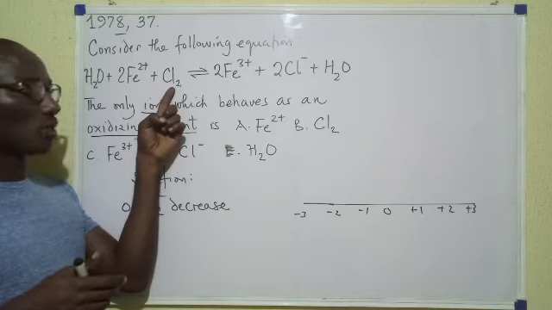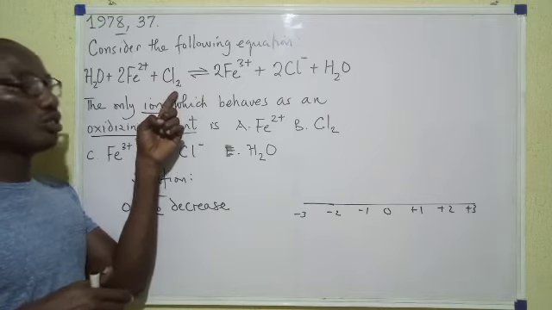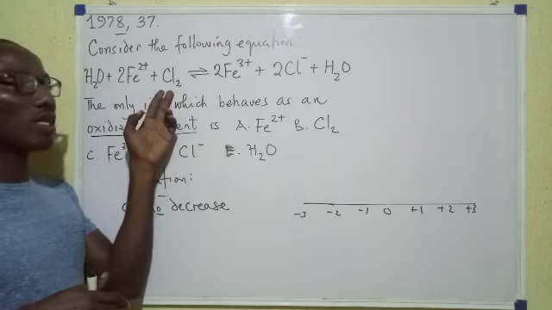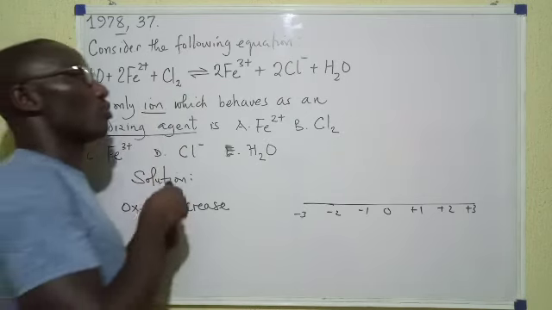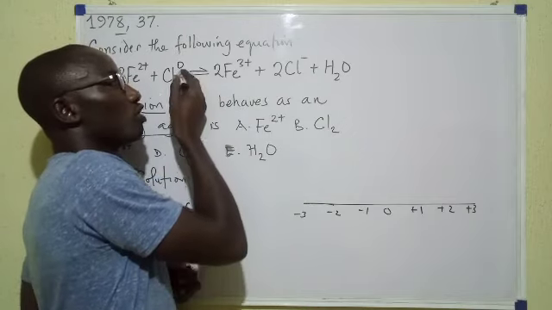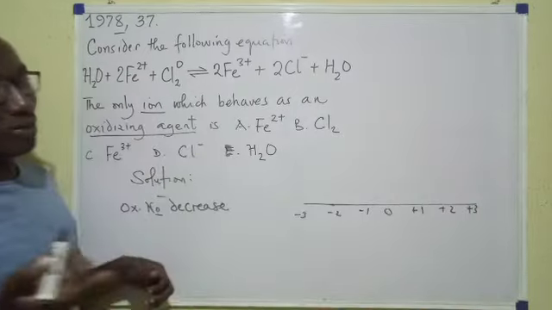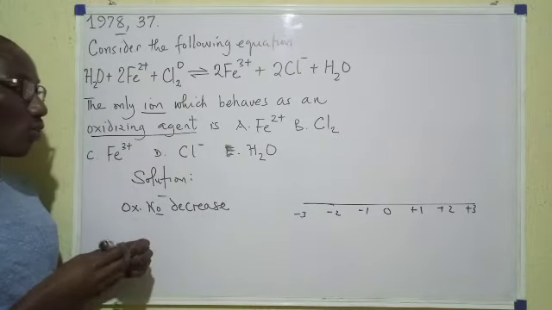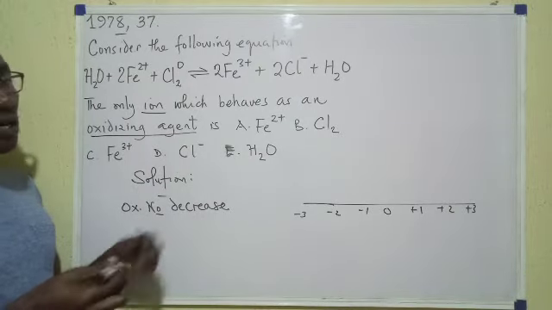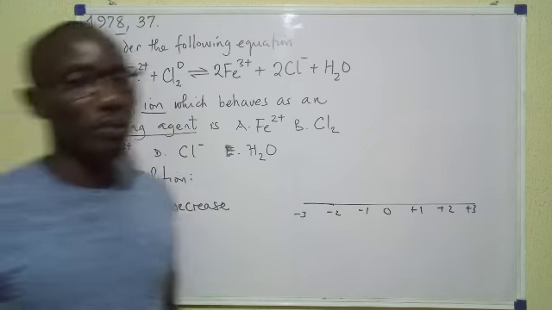Why would you want to take Cl2? Because Cl2 becomes reduced. Oxidizing agents are usually reduced. And this Cl2, the chlorine there is at 0. So you could say it has become reduced from 0 to -1. But that would be a wrong answer because the question says ion. So final answer to this question, Fe3 plus.